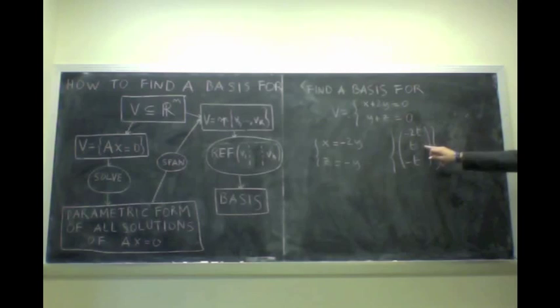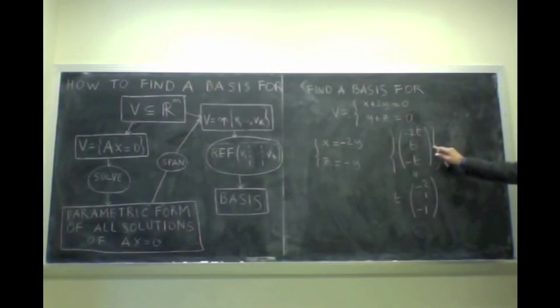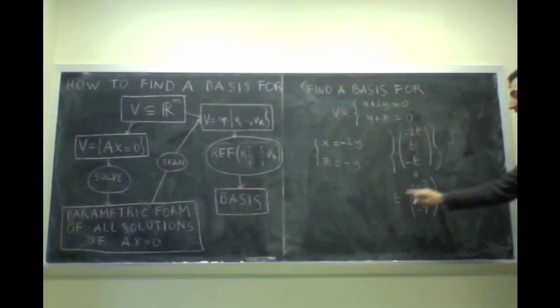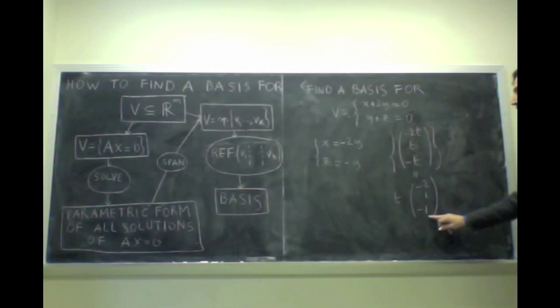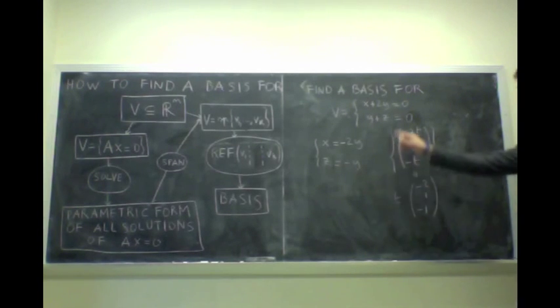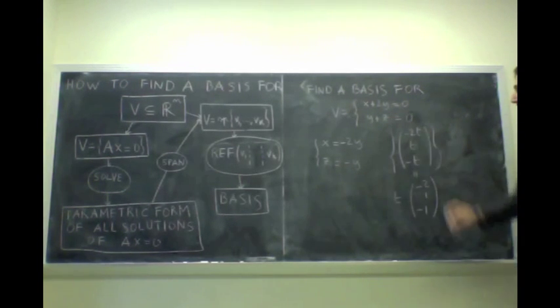So all the solutions to the previous equation are of this form. But this vector is exactly t times (-2, 1, -1). It means that the set of the solutions of this linear system is actually the span of this vector.